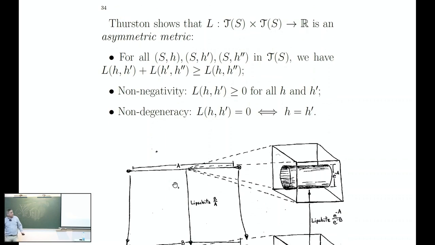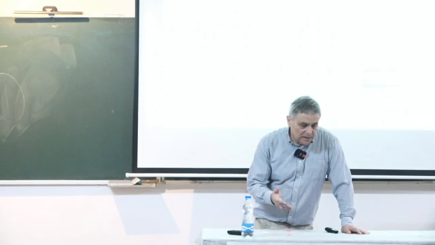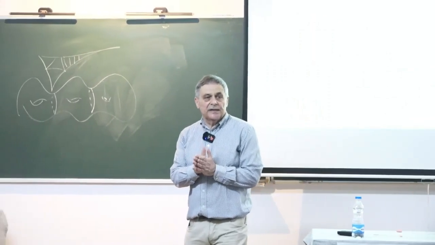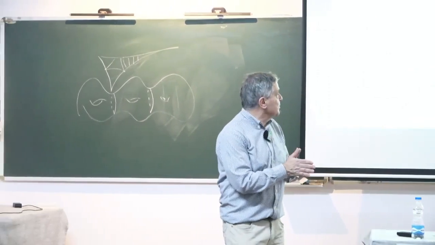In his paper, he shows that this function L is a metric, except that it does not satisfy the symmetry axiom. We talked about such non-symmetric metrics. These asymmetric metrics now appear in many fields of geometry.